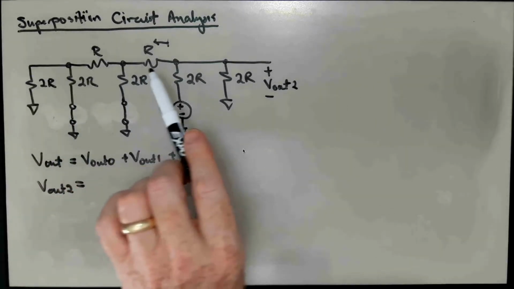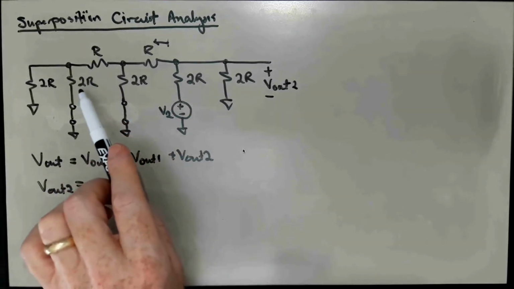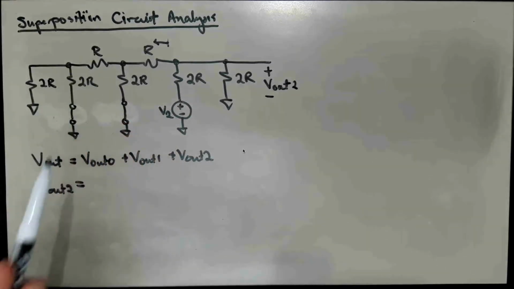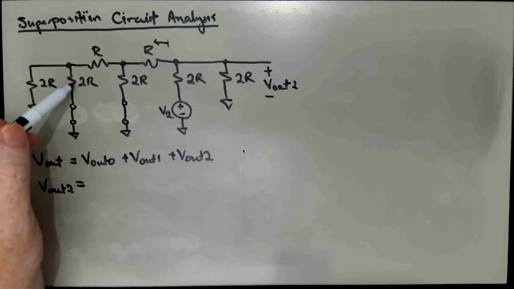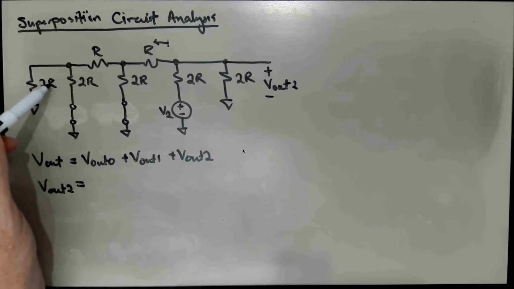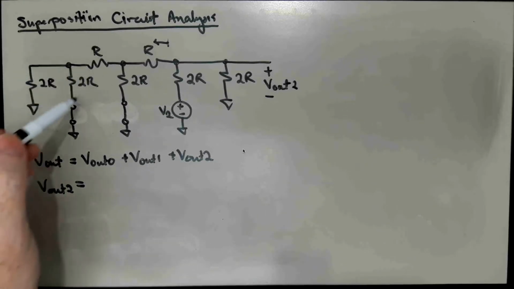We could write down what that is: R in series with 2R parallel R in series with 2R parallel 2R. Or we can recognize here we have 2R in parallel with 2R, and we know that two equal resistors in parallel just become half of either one of them. So this whole thing collapses into an R.